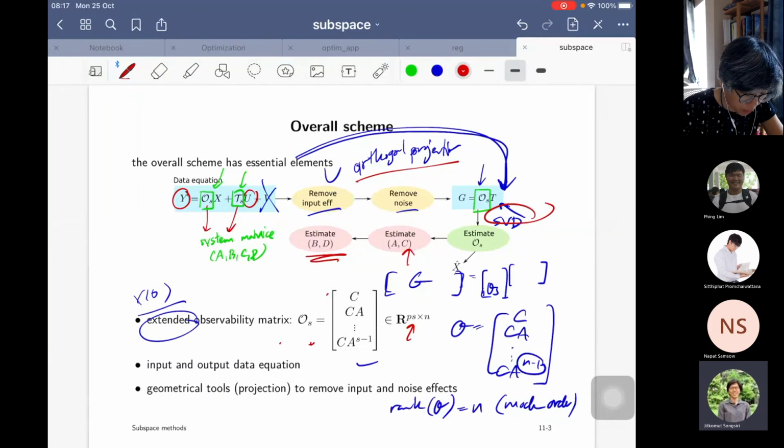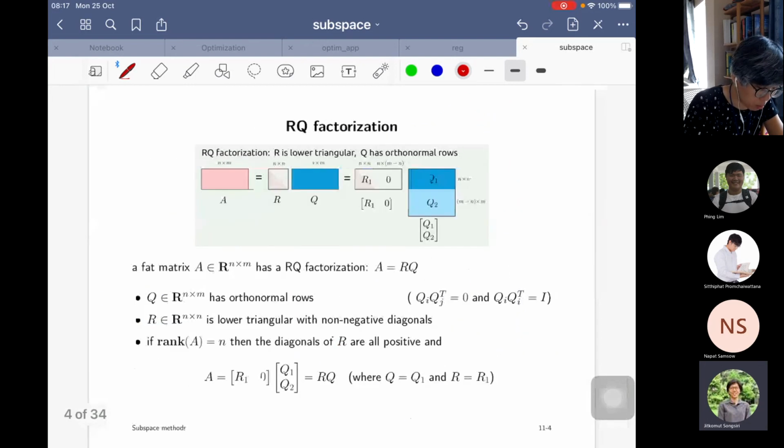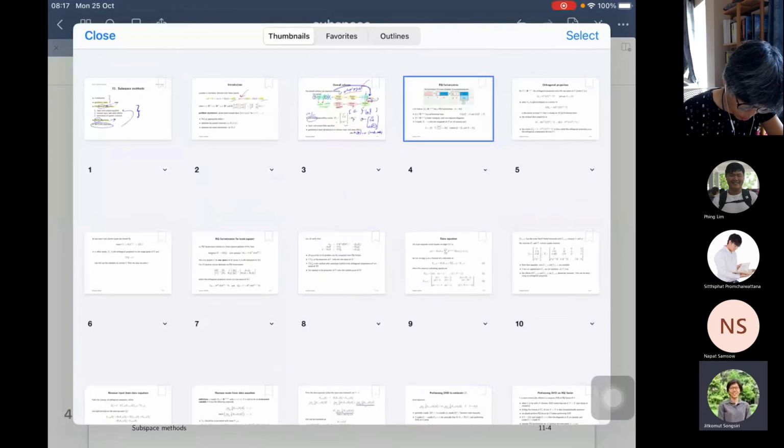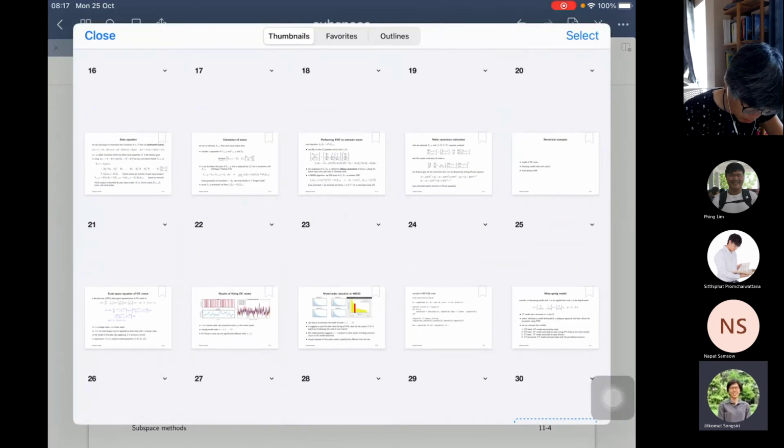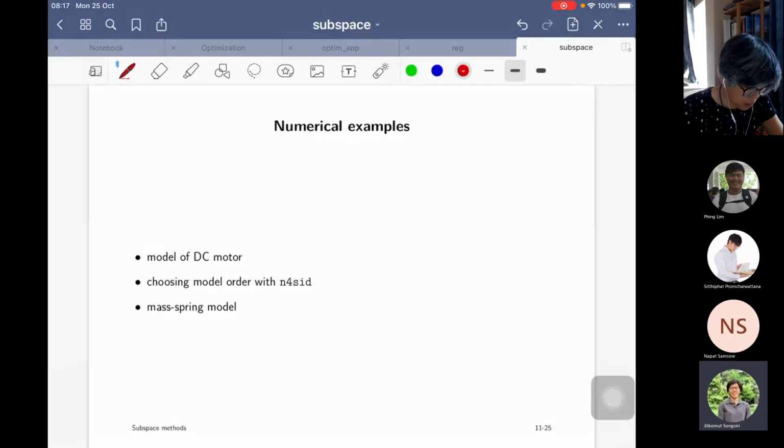Before I explain, maybe we need to review a bit about orthogonal projection. But before doing that, I would like to jump to some numerical examples right away. Here I have some easy examples. We have a state space model of a DC motor, and we're going to explain one of the main algorithms, called N4SID.